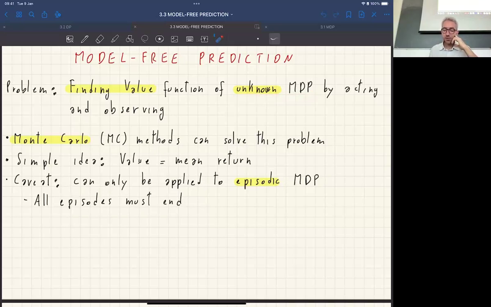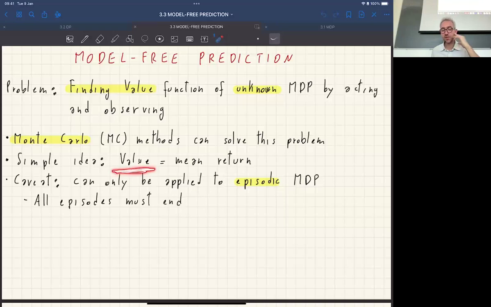And here we're going to see there are two main methods. One is Monte Carlo, and the other one is called temporal difference learning. Let's start with Monte Carlo, which is simpler, and then we move on to temporal difference learning. Actually, the idea of Monte Carlo is extremely simple.